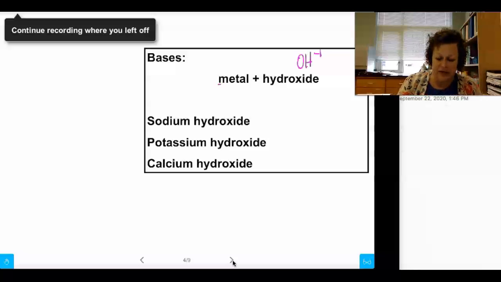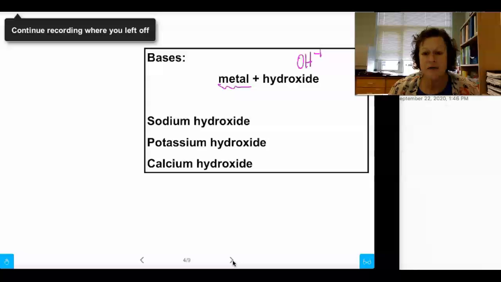Where are the metals located? We learned that in an earlier module when we talked about the periodic table. They are on the left of the, do you remember? Staircase. They're located on the left of the staircase of the periodic table. So if you have a metal and a hydroxide, you have a base.